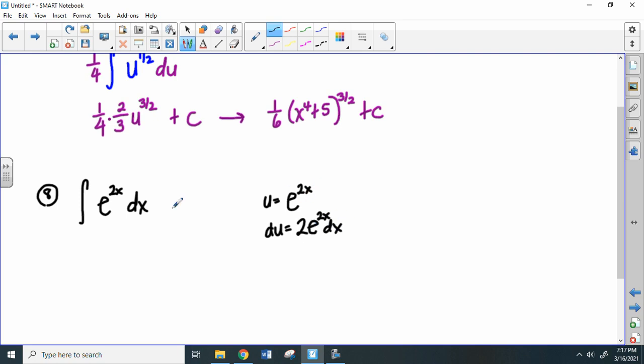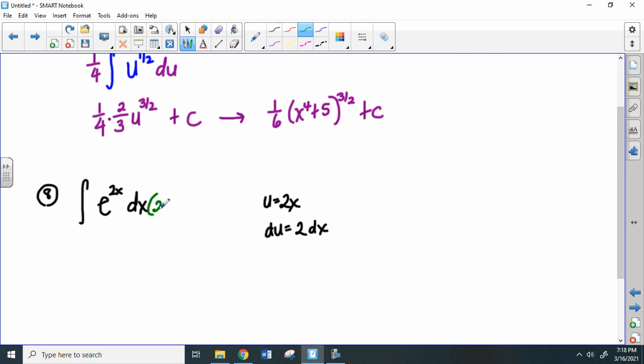And I don't have e to the 2x in two different spots, so I can't use e as part of my u function. But I can use what it's raised to. And then that derivative, even though I don't have it, is a coefficient times dx, so I can compensate for that one.